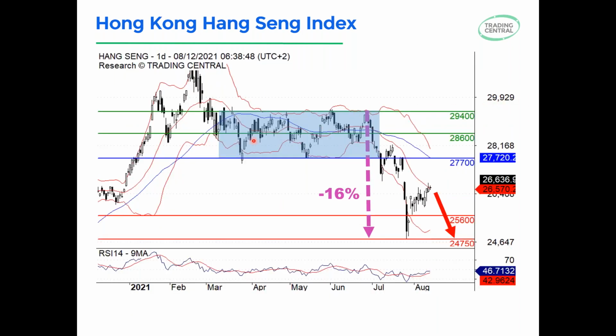We are seeing the Hang Seng Index keep trading in a range. And you know what?